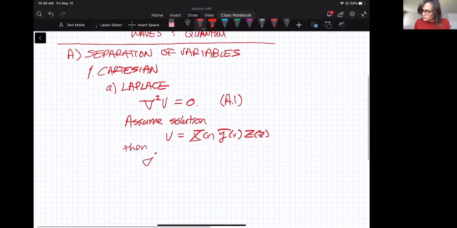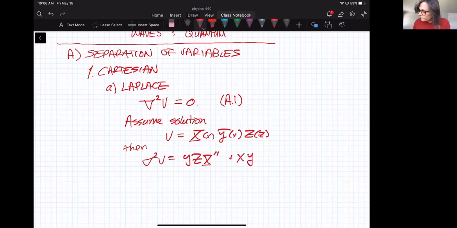then we have del squared V is equal to Y Z X double prime, where that's just taking the second derivative with respect to x, plus X capital Y double prime Z plus X Y Z double prime, all is equal to 0.